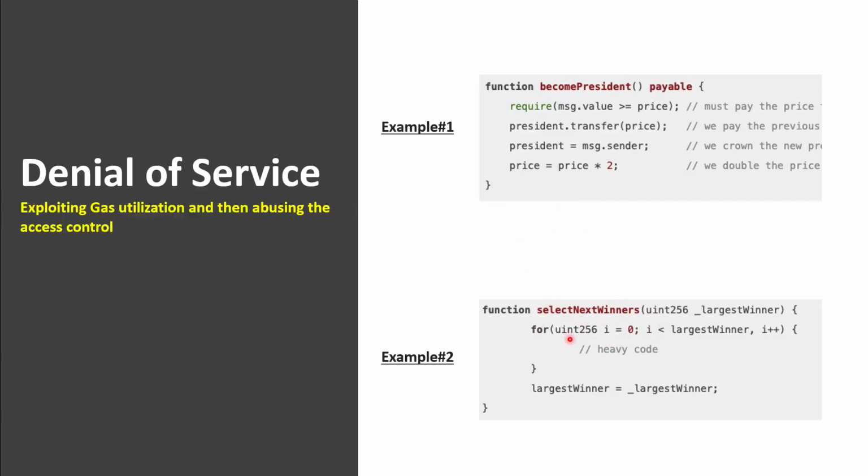We can see there's also an issue with the access control. So denying the proper parties access and then essentially pocketing the gas fees is another way that smart contracts are attacked.